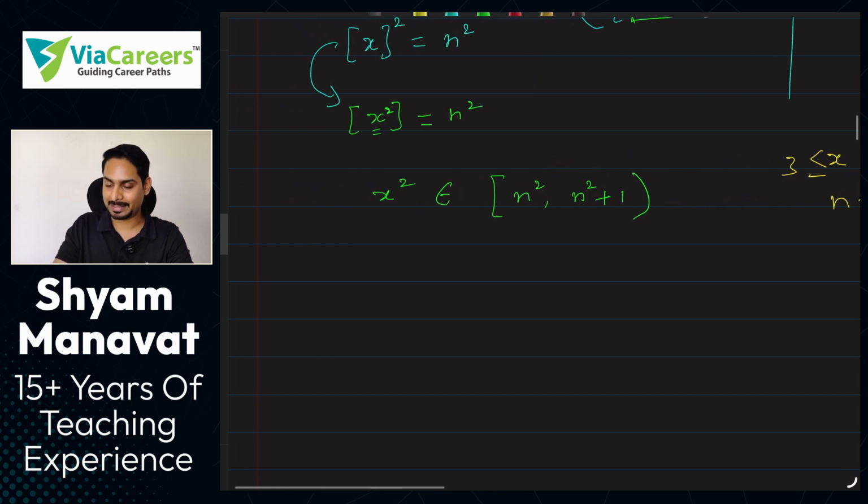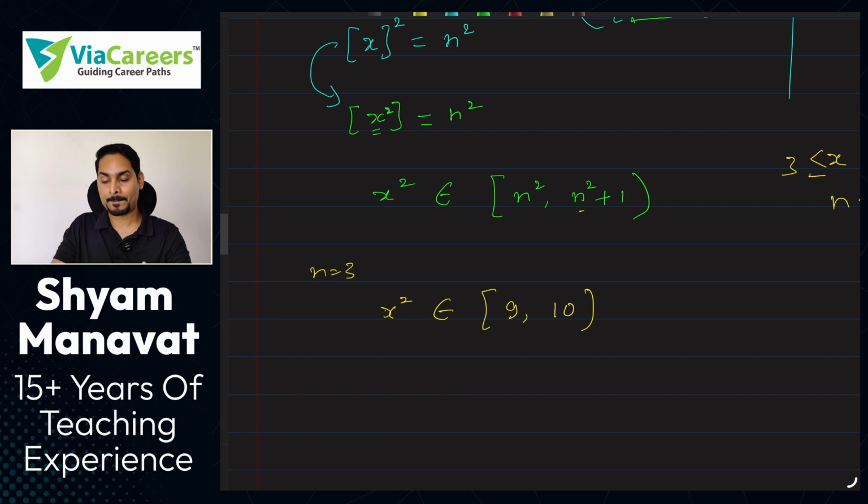If n takes 3, let me write 3 here. That means in that case, x square will belong to anything between what? 3 square, which is 9, to 10, where 10 is not included. The question is not to find x square.